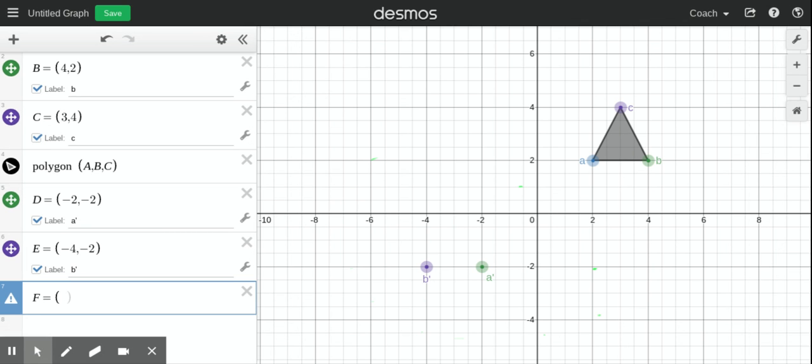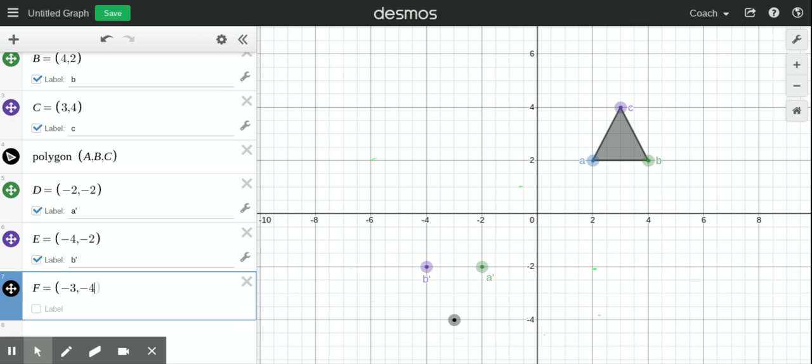And C is (3, 4), so it's going to be (-3, -4), C prime.